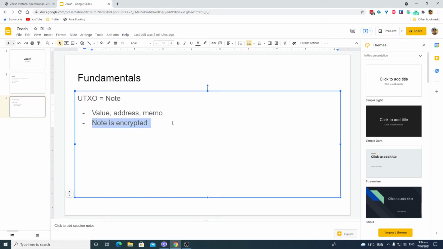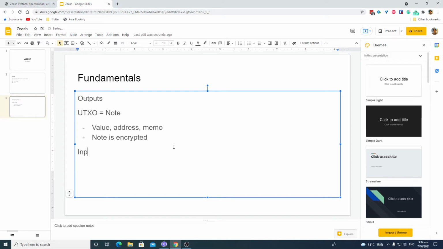So this is how nodes are created. We are talking about outputs here, and then you also have inputs, right? So this is the node, which is like the output. And then you also have inputs.